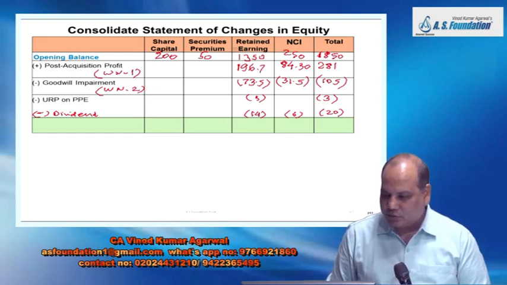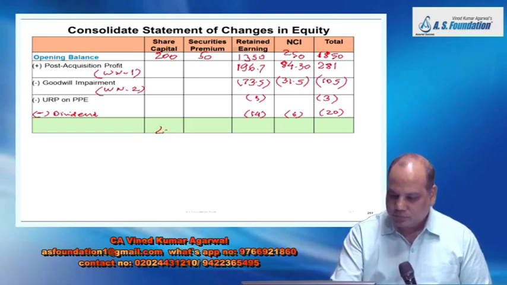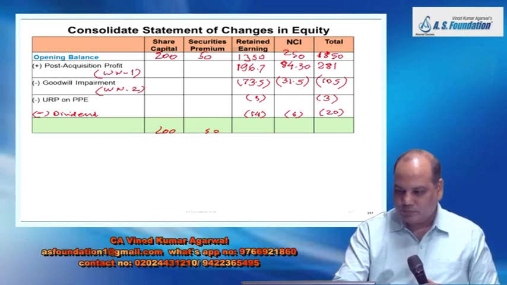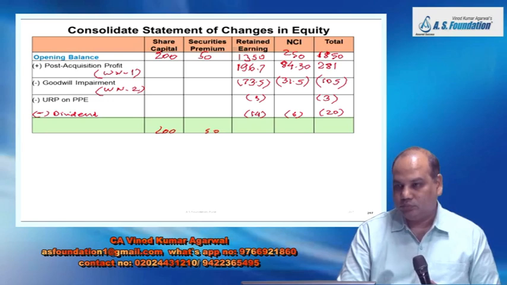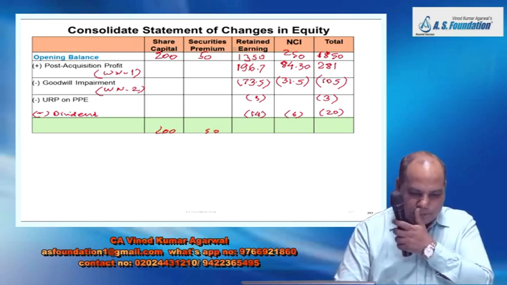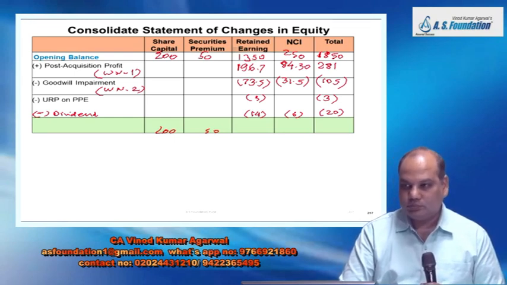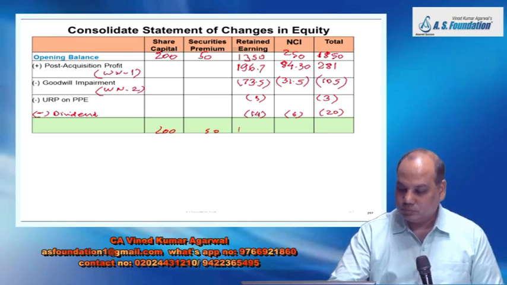Dividend 14 and 620. Now take total of each column. 200. Then 50. Retained earning. Anybody retained earning total? 1456.2.